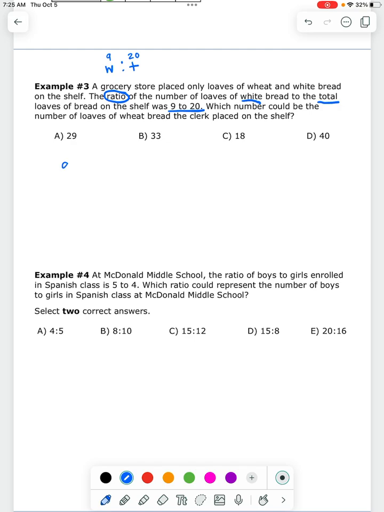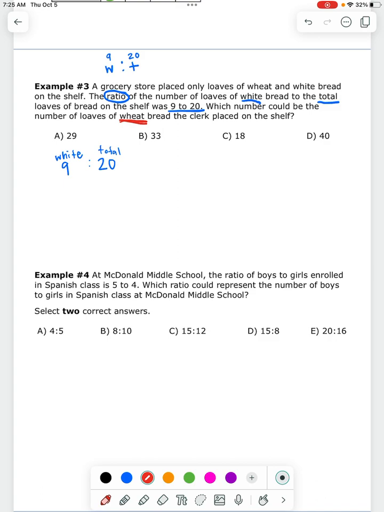So let's rewrite it down here so I can kind of see a little bit better. 9 white. And I have 20 total loaves. Okay. The actual question said which number could be the wheat bread. So I have white in the total, so I need to figure out wheat bread.